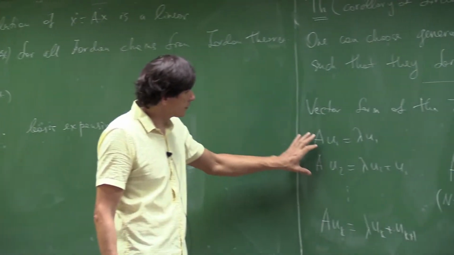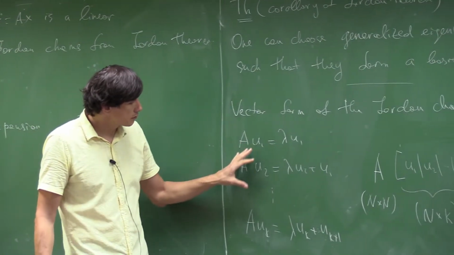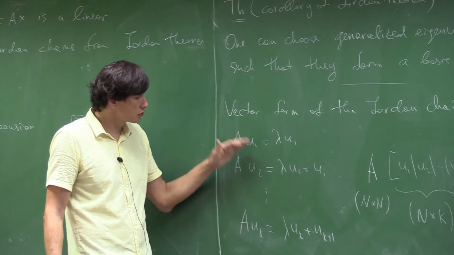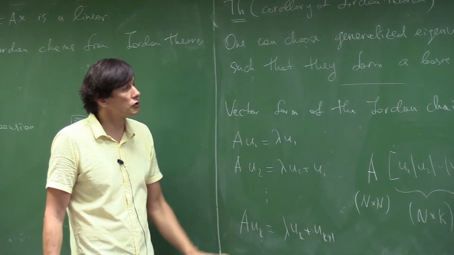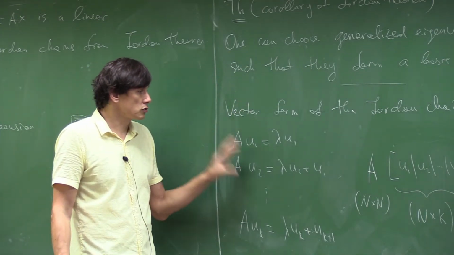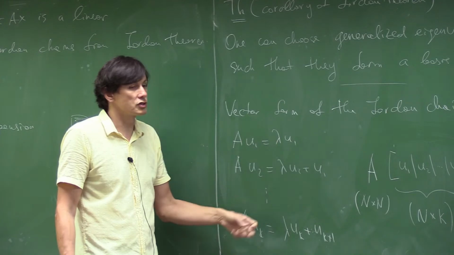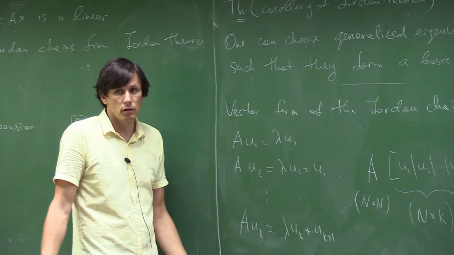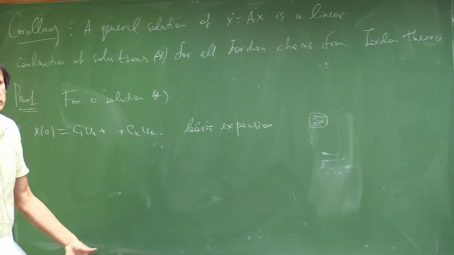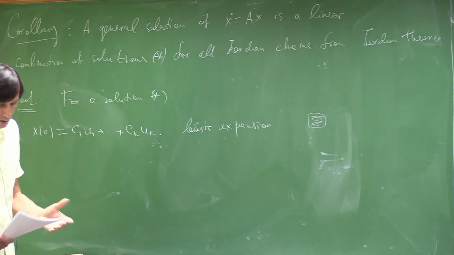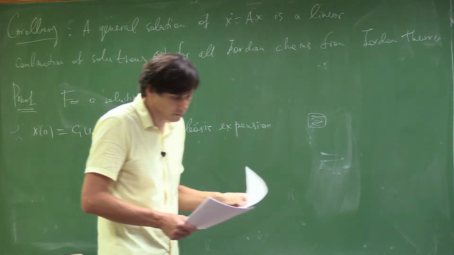In principle, what is important is that the solution of this Jordan chain equation is not unique. The only thing the Jordan theorem tells is that you can choose them in such a way that you get a basis. Whenever you have chosen them, they make a basis, you take the sum of solutions of that form, and you get this general solution. So that's a complicated way, but it gives you the full answer.